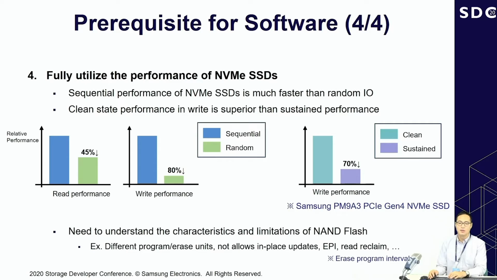As you know, NAND flash has several limitations such as different program and erase units, no in-place updates, and the need for refresh and read reclaim to keep data safe. If the reference system is aware of these limitations and is synchronized with the current state of NVMe SSDs, then it has the potential to provide more performance and more stable QoS, which can satisfy strict requirements of next generation storage.